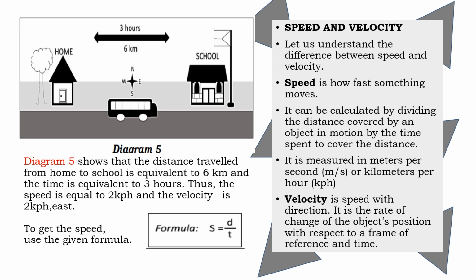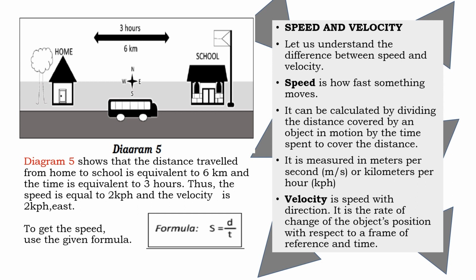Diagram 5 shows that the distance traveled from home to school is equivalent to 6 kilometers. Again, how much is the distance traveled from home going to school? Very good, 6 kilometers. And the time is equivalent to 3 hours. What is the time it is equivalent?